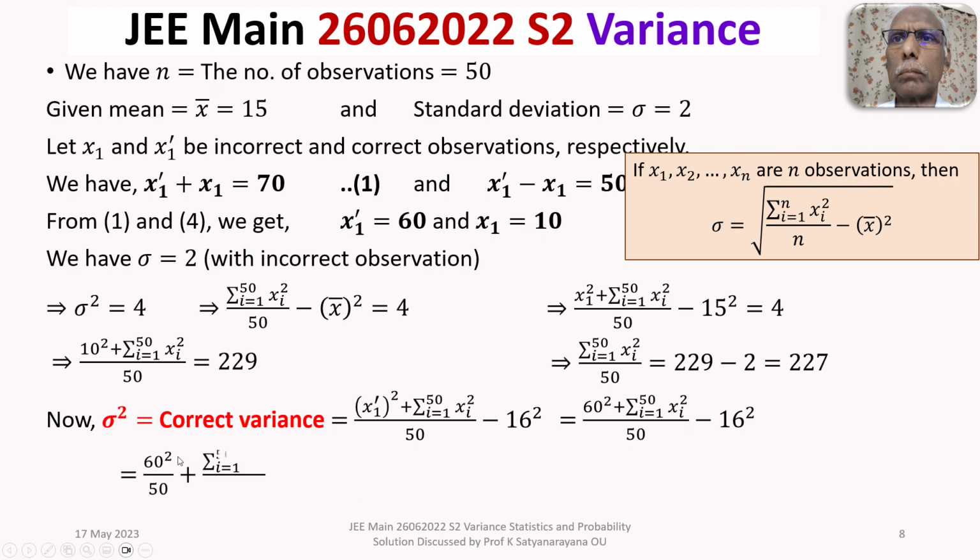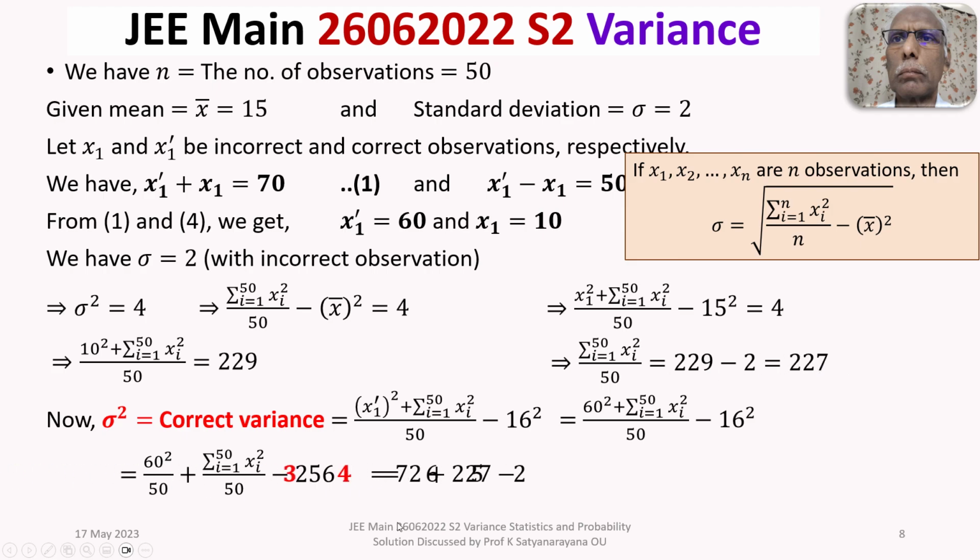That simplifies to 60 square by 50 plus sigma i equals 1 to 50 xi square by 50 minus 256. We know the sum of xi square by 50 is 227 from above.